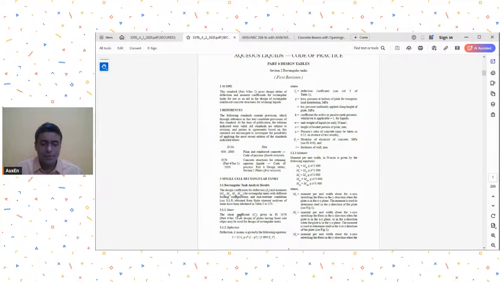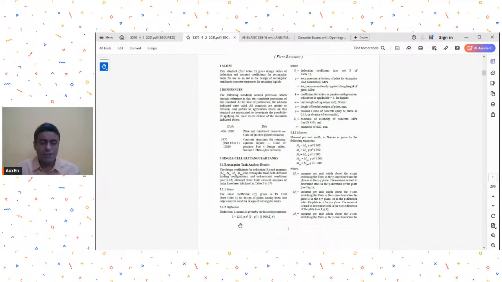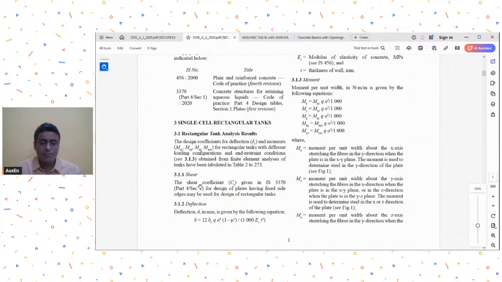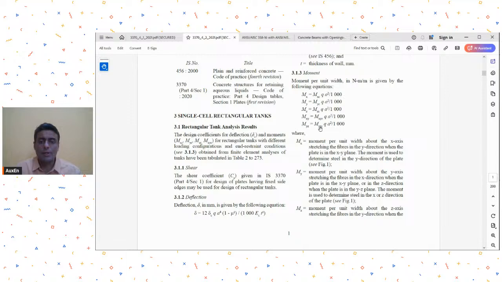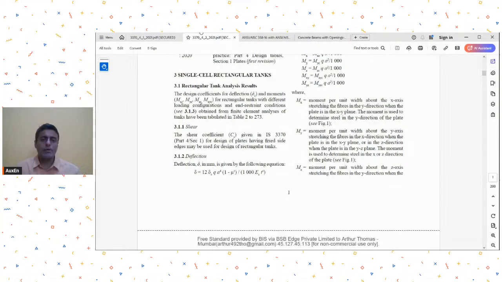So if you read 3.1.1, the shear coefficients given in IS 3370 part 4 section 1 shall be used for the design of rectangular tanks, and then go to 3.1.3 for moments they have explained. Then you have a look at these notations, what is the meaning of MZC, MYC, MXC, etc. And then accordingly you find out the direction of moment and the reinforcement from there. Very nice. But don't use these tables.